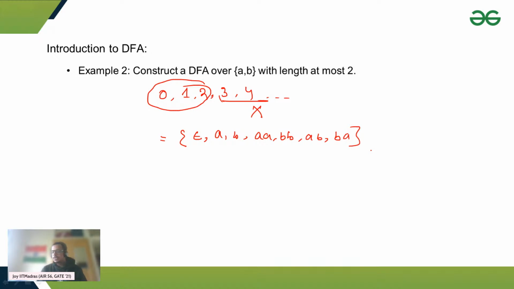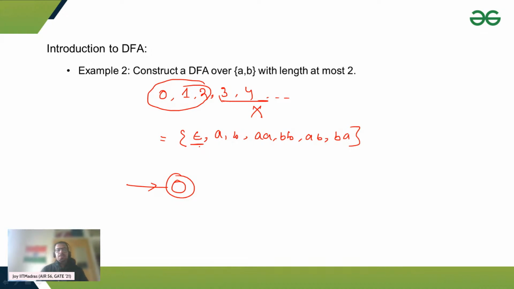So let's try to draw the DFA. Null means our initial state is our final state. Whenever we need to accept null, the length 0 string, we need to make our initial state a final state, because from where we start, we should be ending there also.